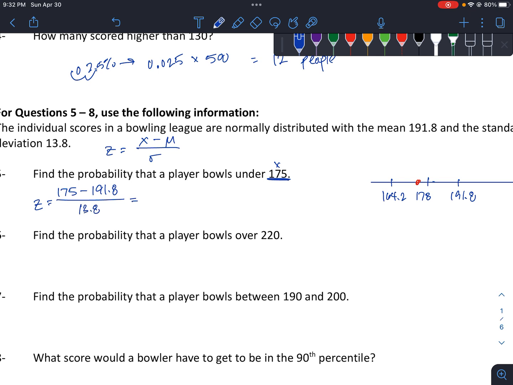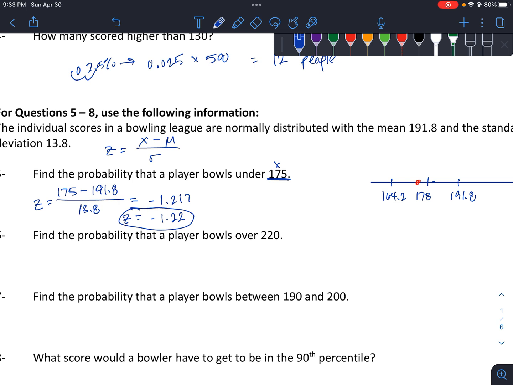Punch that into my calculator, and that's going to give me a value of negative 1.217, but I'm going to round that to 2 decimal places, so negative 1.22. So this is my z-score.